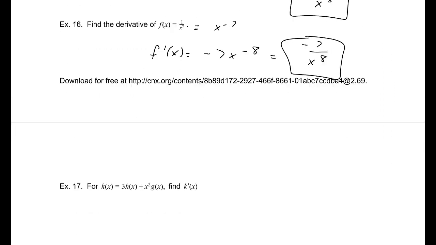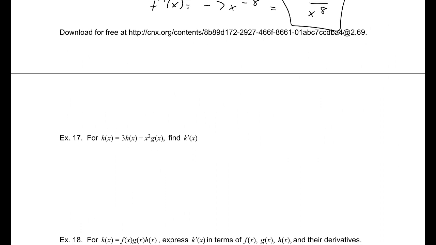Moving on. For k of x equals 3h of x plus x squared g of x, find k prime of x. All right, this will require us to apply a lot of our rules. So for the first, I have a constant multiple of that. So I'm going to ignore my constant and just say 3 times h prime of x, which I don't know what h prime is. I don't know what h is. So just 3 times h prime of x plus. Now for the second component, I'm going to have to use my product rule.